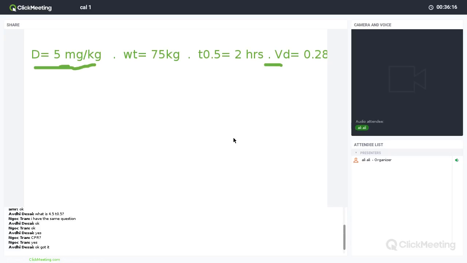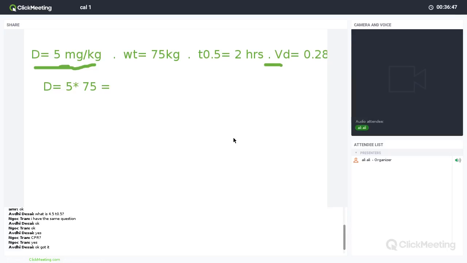So here, to get the final total dose, we will multiply 5 per kg by the weight of the patient, which is 75. Now we will have the final dose for the patient, the total dose for the patient. 5 multiplied by 75 will give 375 milligrams.